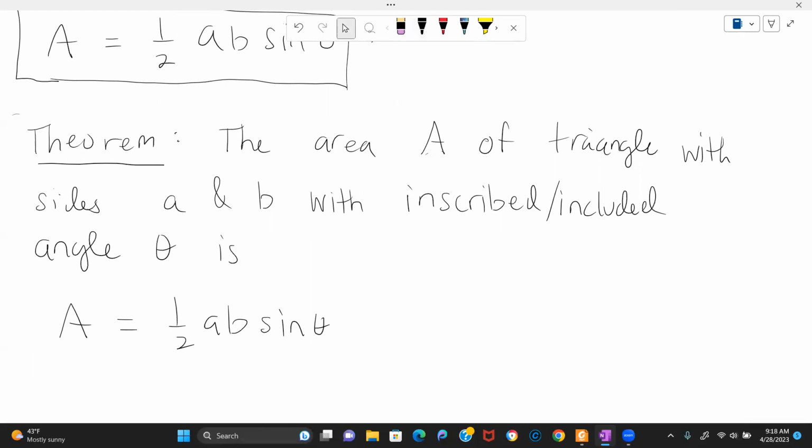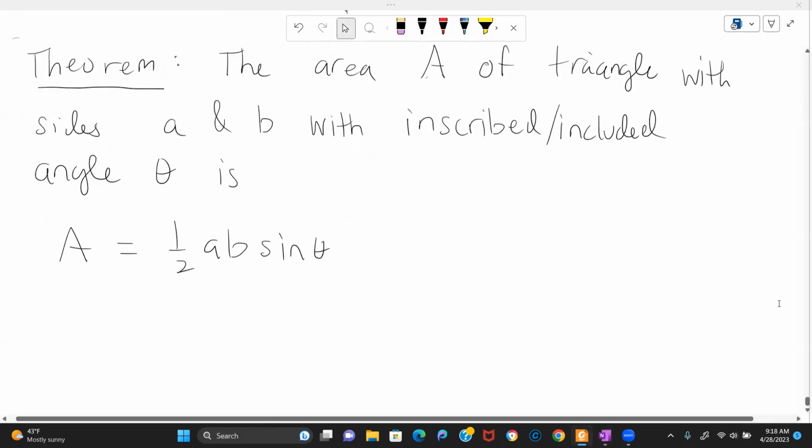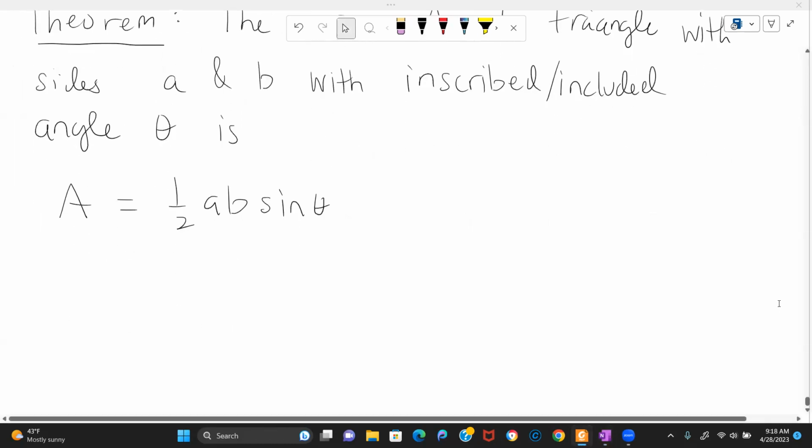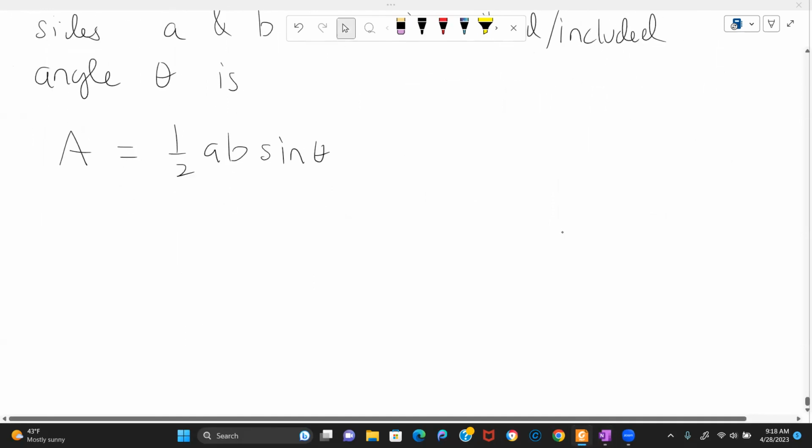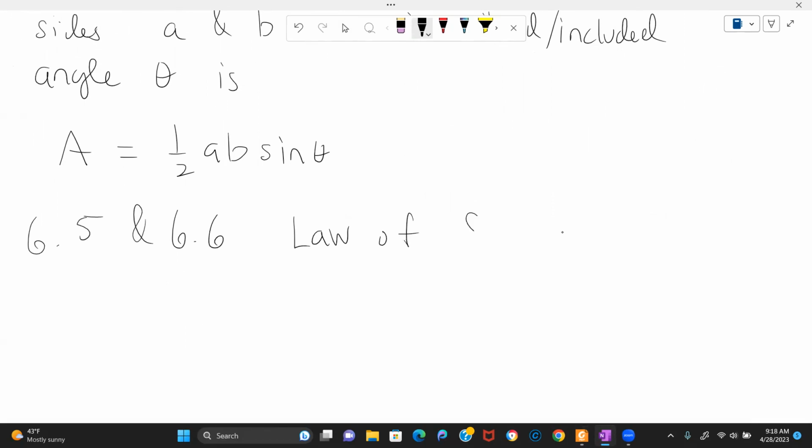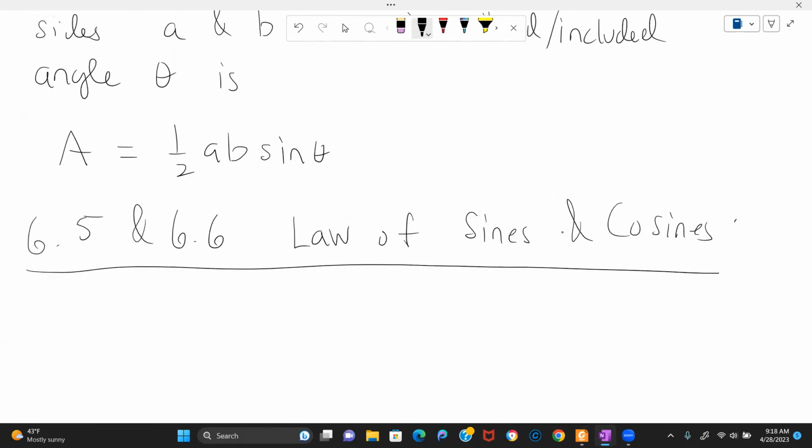All right, so now let's go to the law of sines and cosines. So this is sections 6.5 and 6.6 on law of sines and cosines. There'll probably be a question like this on the final.